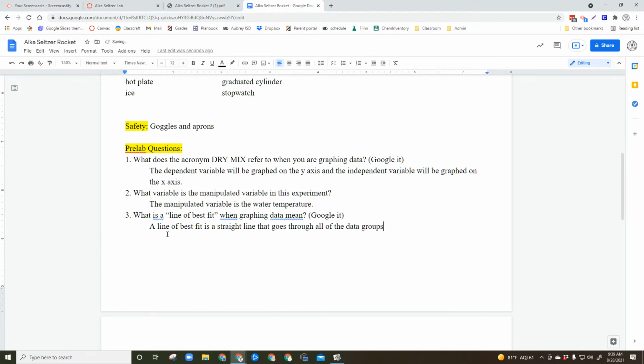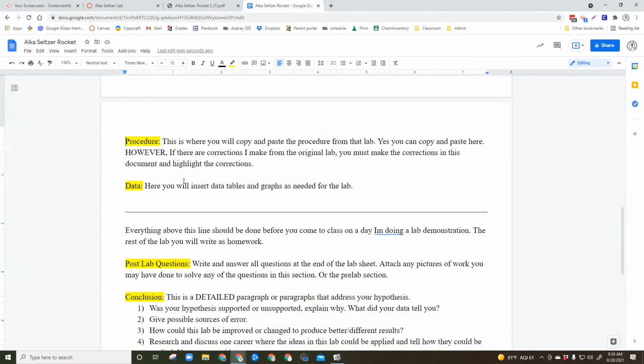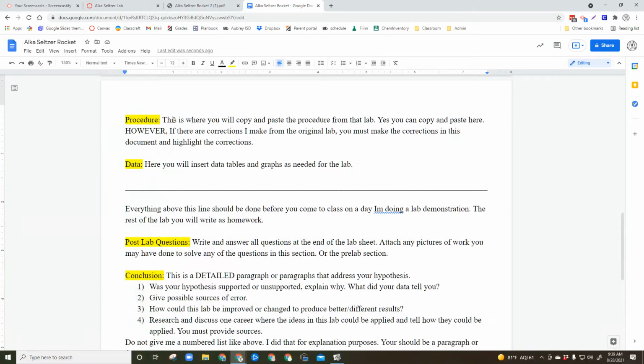So it doesn't go through all the data points, it goes through all the data groups. All right, so we are not going to connect the dots. That is wrong. Don't do that. All right, so we have our pre-lab questions. We've answered our pre-lab questions to the best of our knowledge. And so now this next section here is the procedure.